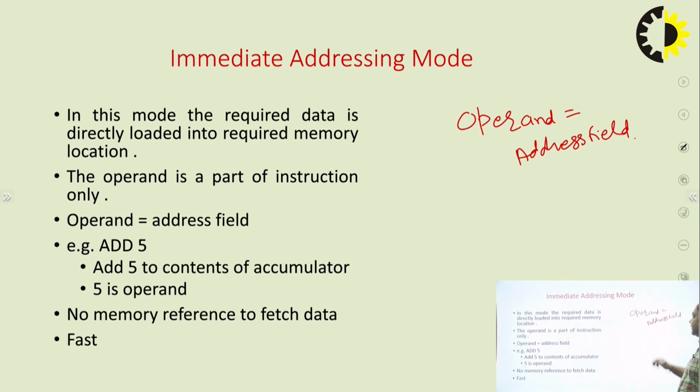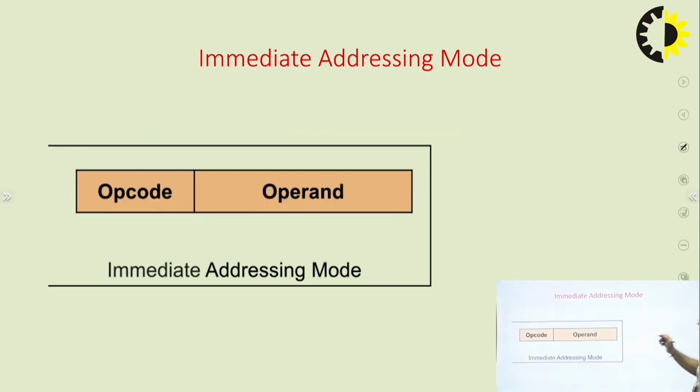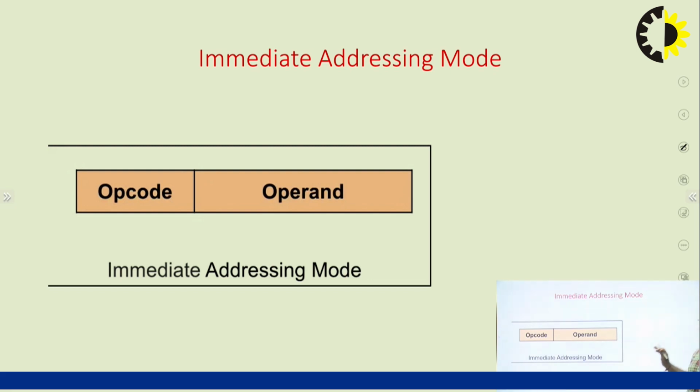Add 5 means the content of operand is added to the content of accumulator. In this, we don't need to reference any memory and it is executed very fast. Like as seen in the diagram, the instruction itself is opcode and operand. We don't need to reference from the memory.